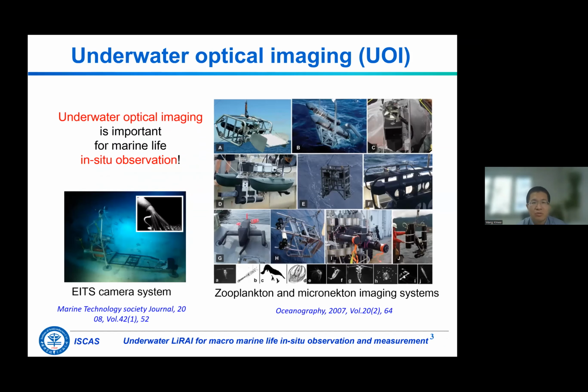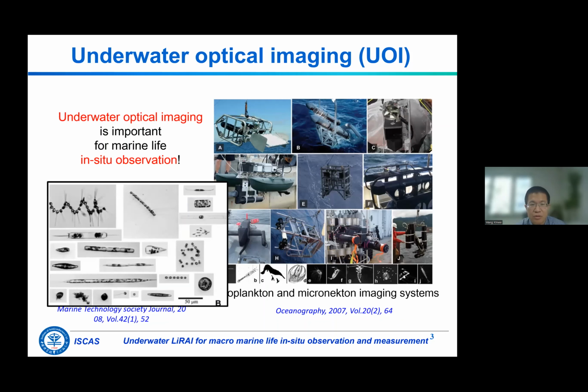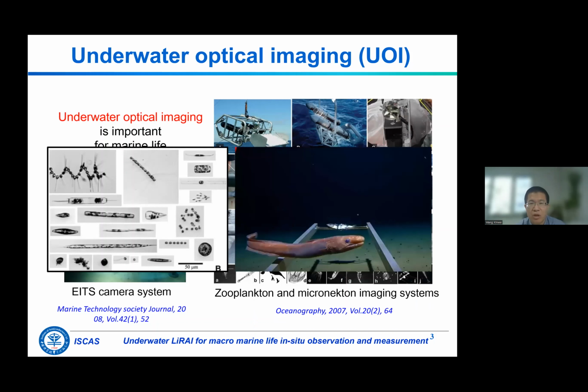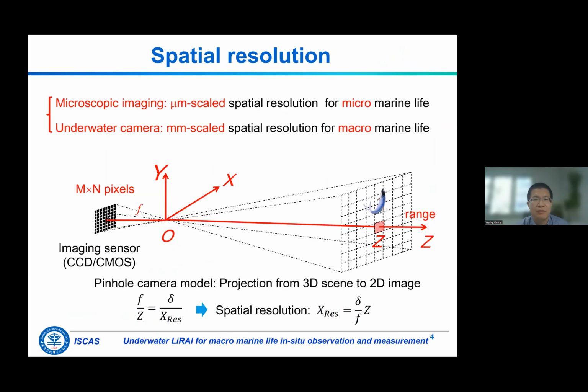As we all know, underwater optical imaging is important for marine life in-situ observation because it can grasp marine life pictures directly for researchers. So different kinds of underwater optical imaging systems have been developed, and we can divide them into two types.